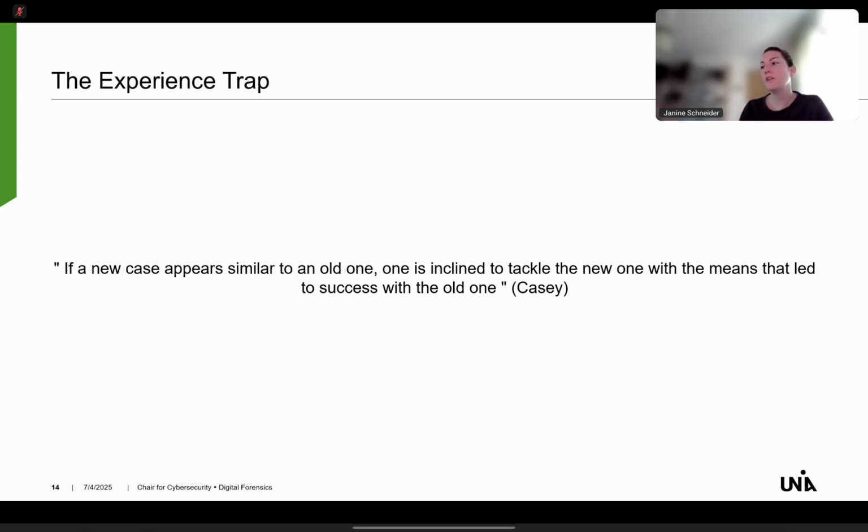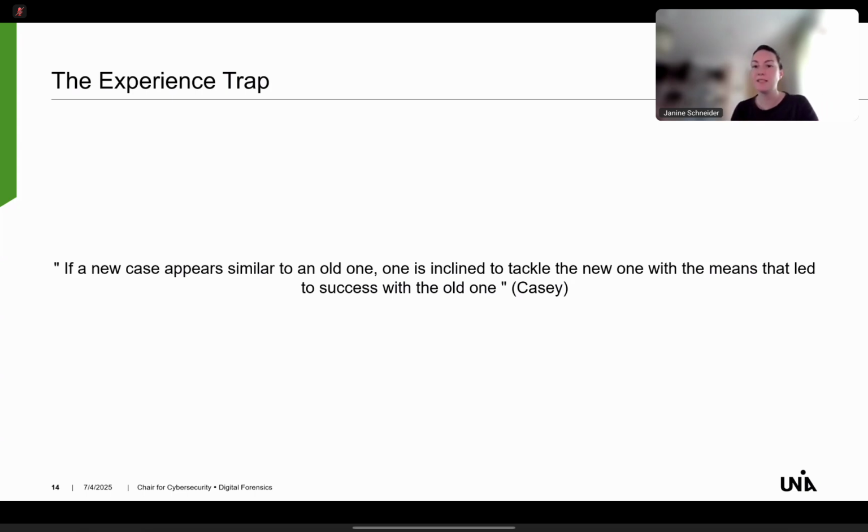Of course they can apply learnings from the past, but every case is new and unique, and investigators should be careful not to assume things like, last time it was like that, now it will also be like that, or all of these cases are always like that.